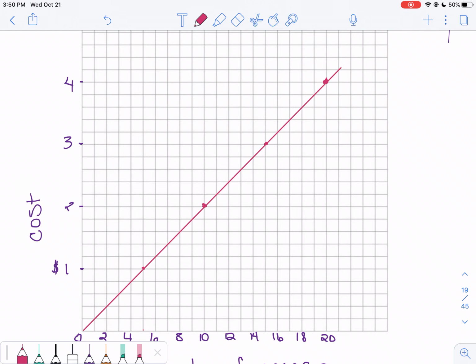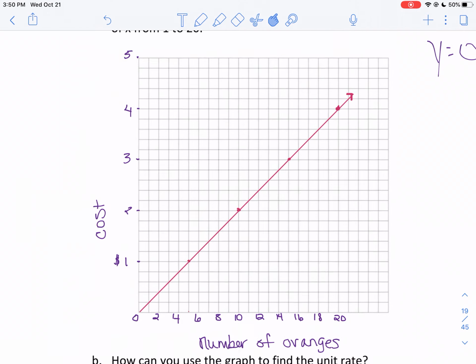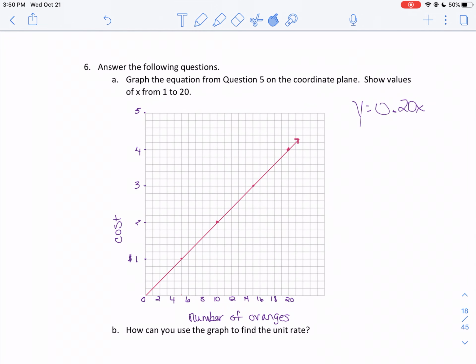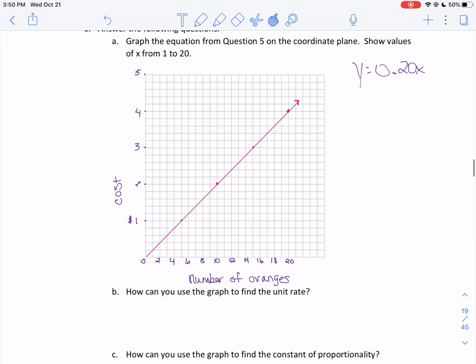And then we bring it all the way up, as best we can through here, and draw an arrow. So there's our line. So y equals 0.2x. So 20 cents per each orange.